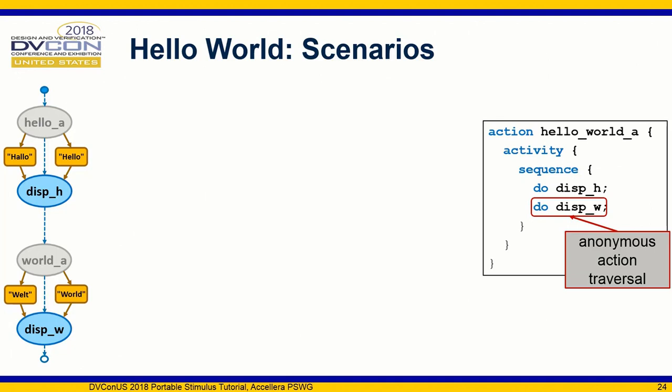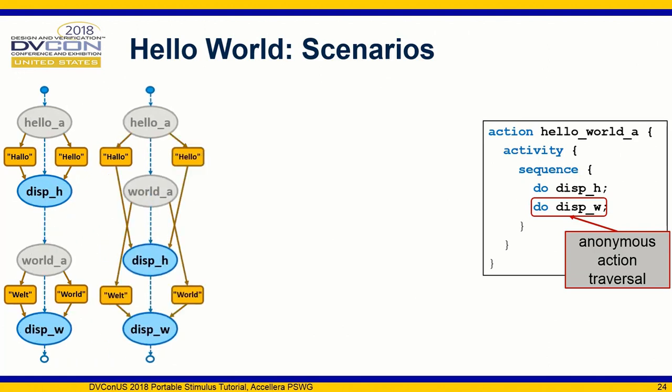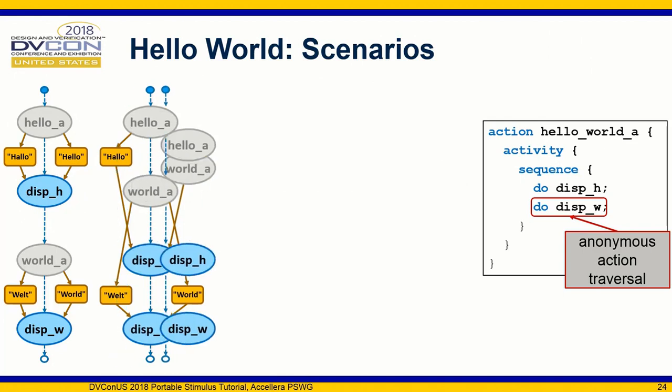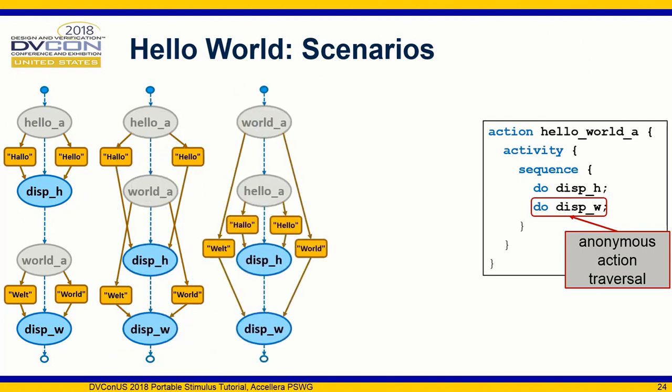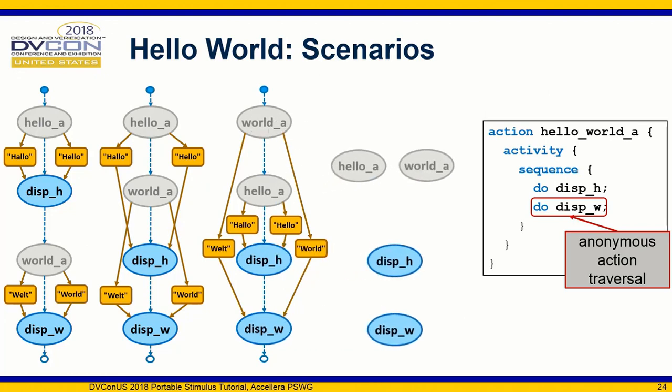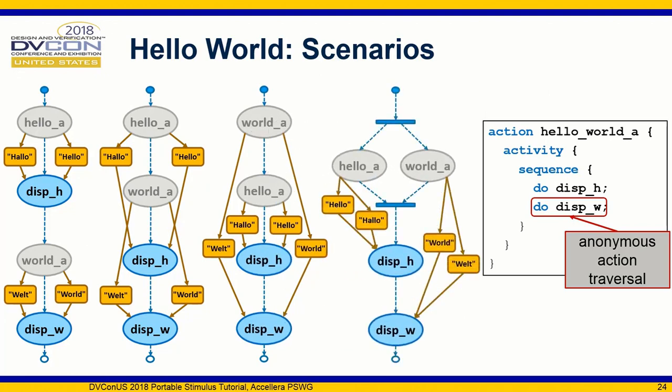But I have a little more flexibility. The only thing I've specified is that I want to do hello first and world second. There's nothing that says that I can't do both sends first and then both displays, because as we said, the buffer thing gets sent over here and then picked up later. So as long as the display hello and display world happen in order, I don't care what else happens. In fact, those 2 sends could happen in parallel if I want, as long as the data exists when it's time to do display hello and display world in order.